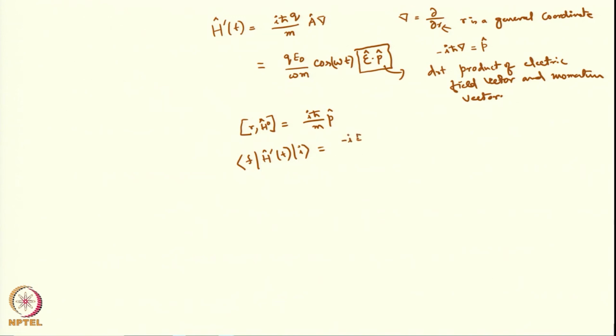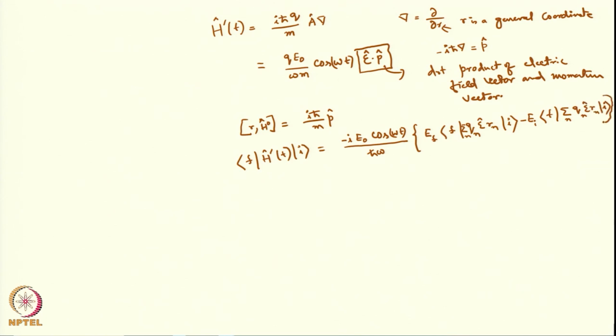Minus i E naught cos omega t divided by h bar omega, times the integral f sigma over n q n epsilon r n i minus e i f sigma over n q n epsilon r n i.